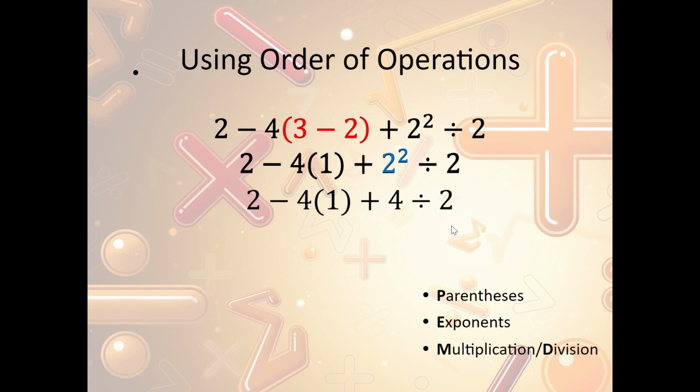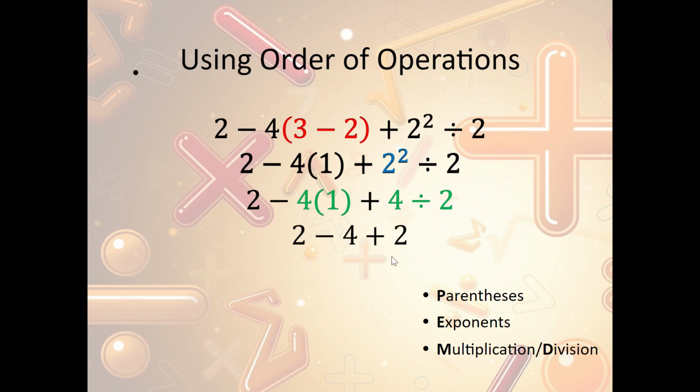No other exponents, so now we do multiplication division. Well, we have multiplication here, negative 4 times 1. And we have division here, which is 4 divided by 2. So we're just going to work from left to right. So 4 times 1 is 4, and 4 divided by 2 is 2.